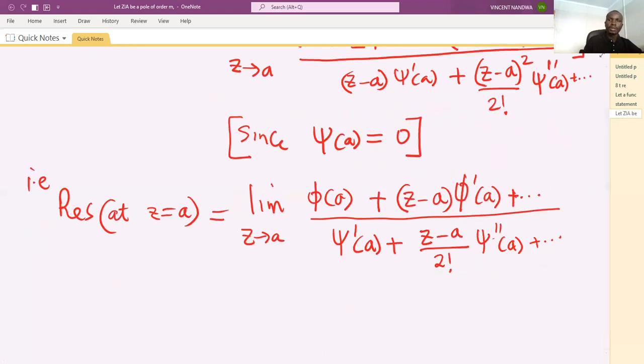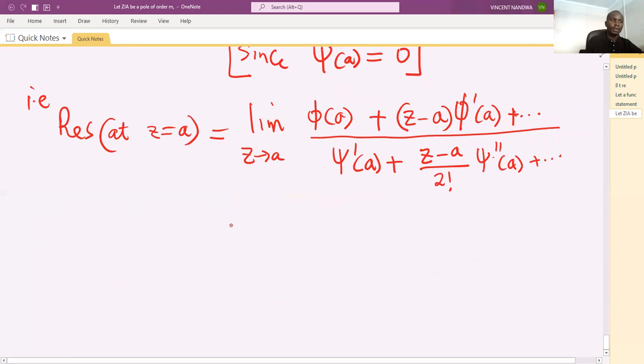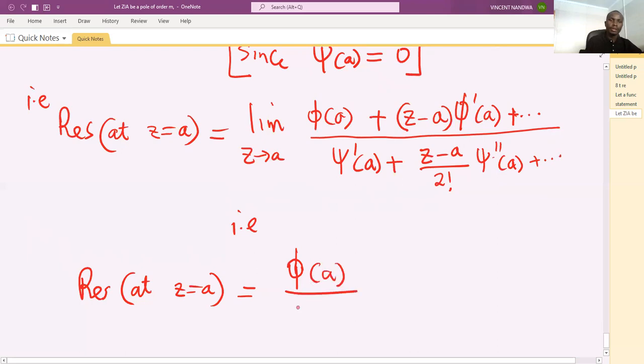Which is simply the definition: residue at z equals a is given by phi at a over psi prime at a, because when z approaches a, this term would be 0 and subsequent terms will be 0.